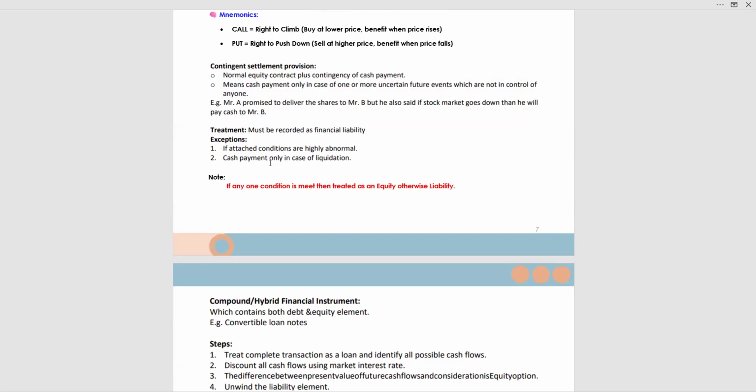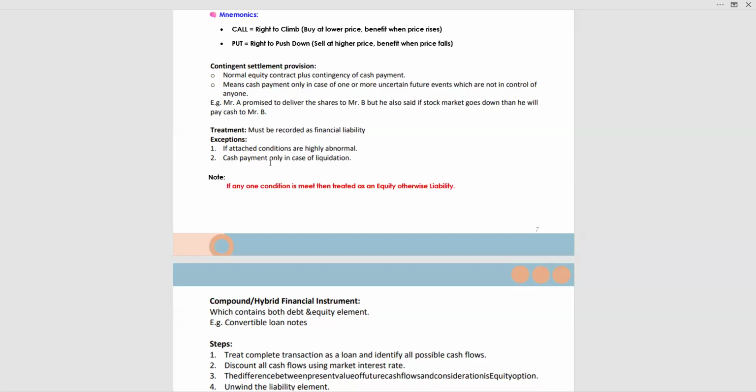Normally, an equity contract plus contingency of cash payment means cash payment only in case of one or more uncertain future events which are not in control of anyone. Let's say the rain forecast, the death of someone, this and that, which are not in control of anyone.